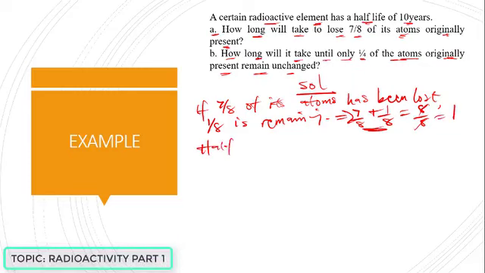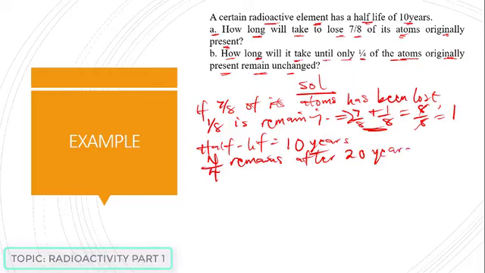Remember that the half-life is equal to 10 years. So, but what it means now is that N/4 atoms will remain after 20 years. And then after 30 years, N/8 remains.